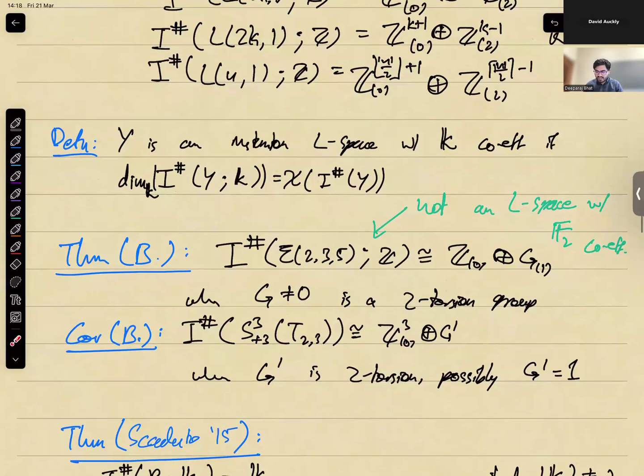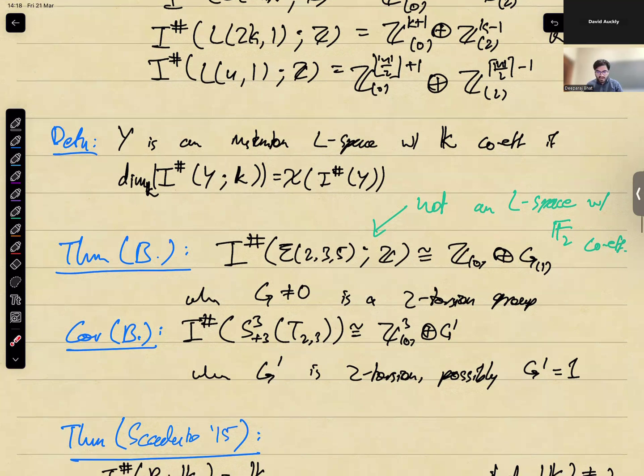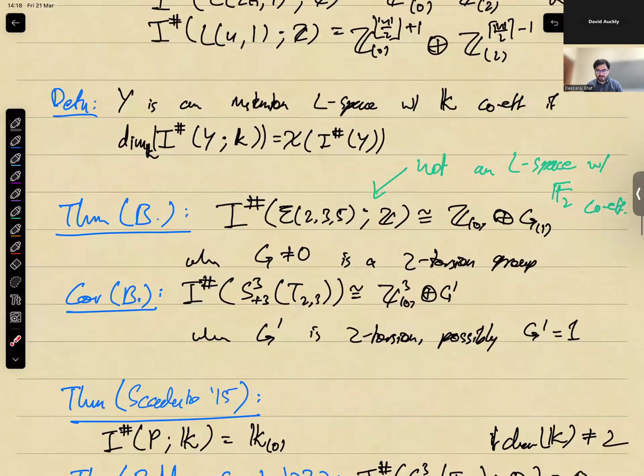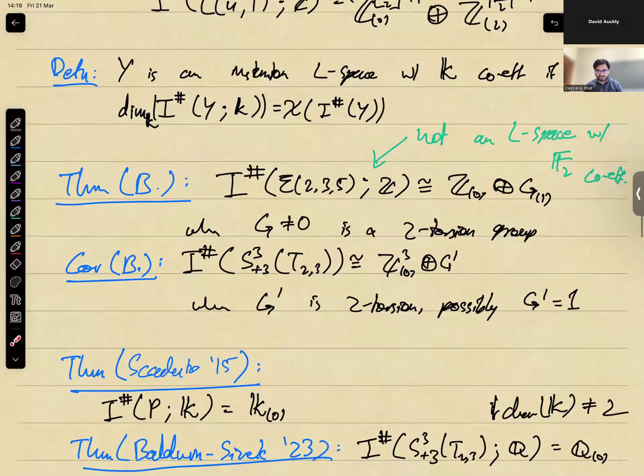Unfortunately, I'm not able to say whether the +3 surgery has torsion or not. All I'm able to say is that it has to be two torsion if there is any. And I want to contrast this with results known earlier.